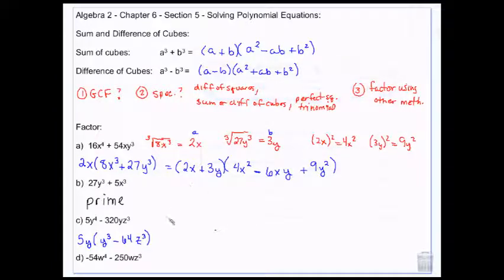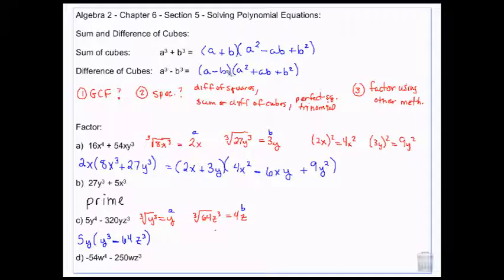64, and that thing, and then 3. So if I take the cube root of y cubed, that's just y. And if I take the cube root of 64z cubed, that's 4z. And so this is A, and this is B in my pattern. All right? So then this is minus, it's a difference.